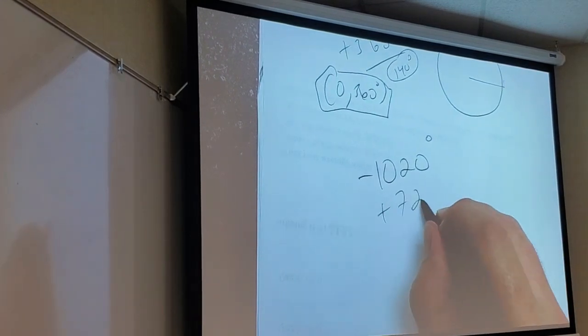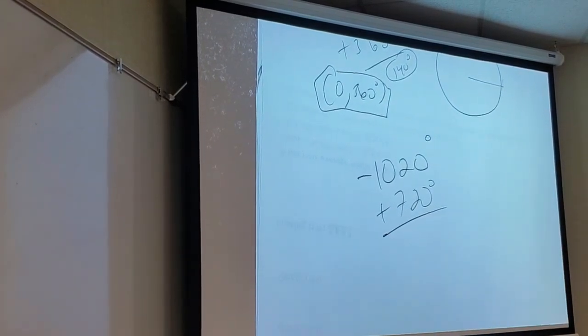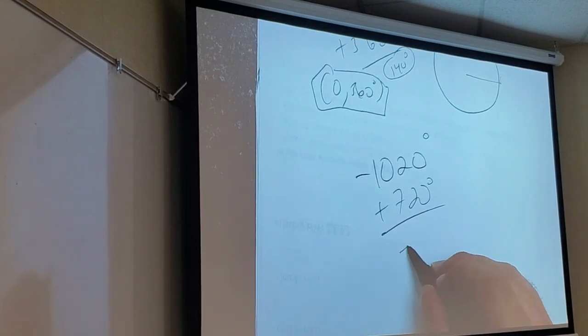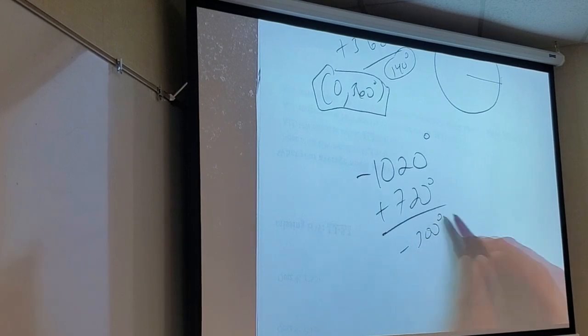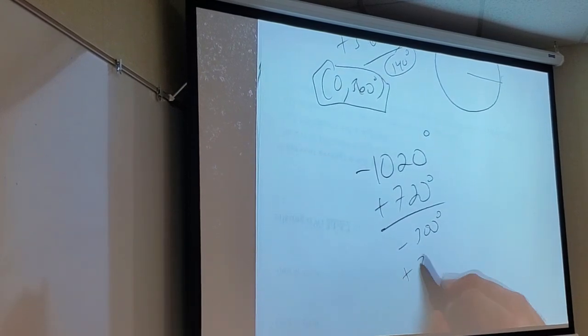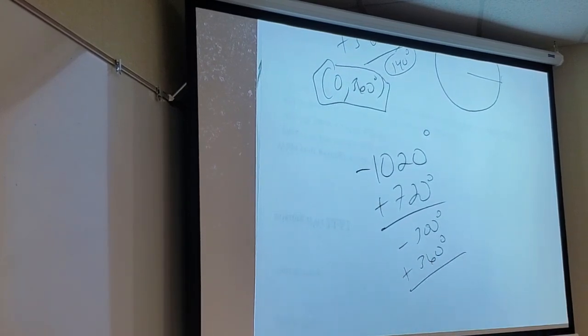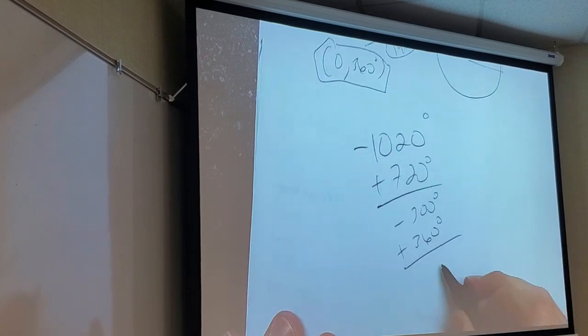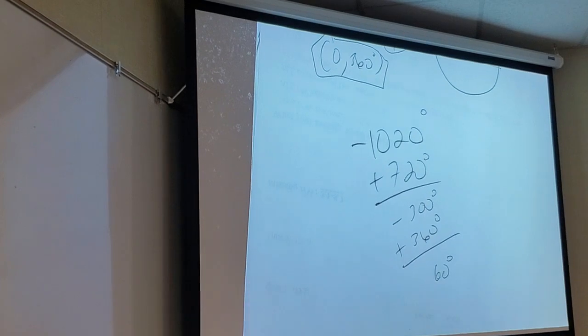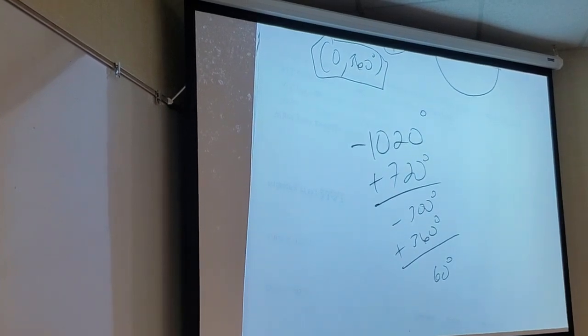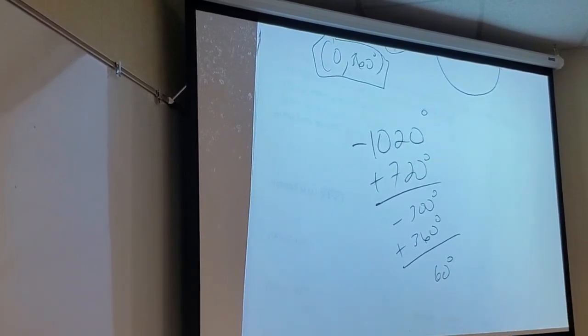So let's add 720 to this. What do you get? Still negative. Negative 300, right? So if I add one more, I'll get back into 0 to 360 territory. So where do I end up? 60. So if I told somebody to spin clockwise 1,020 degrees, they will end up facing 60 degrees.